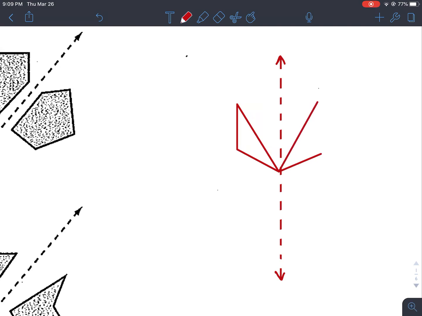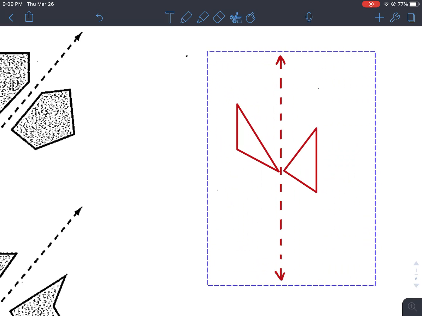Now, this isn't going to be perfect, but you get the idea. So it has to go out at the same angle. If instead it's like this, that is not a reflection.